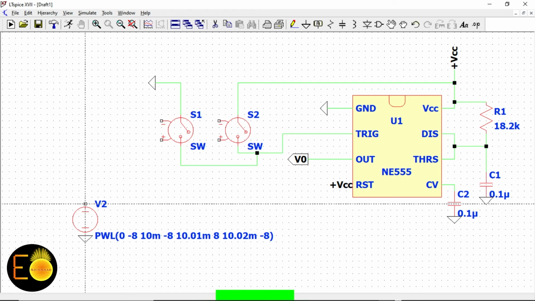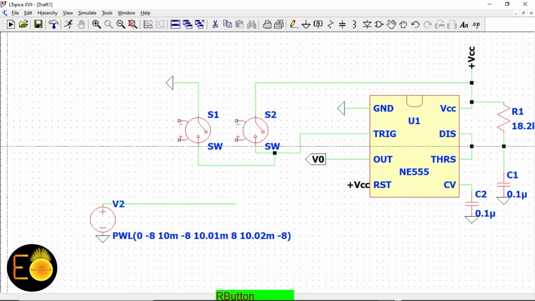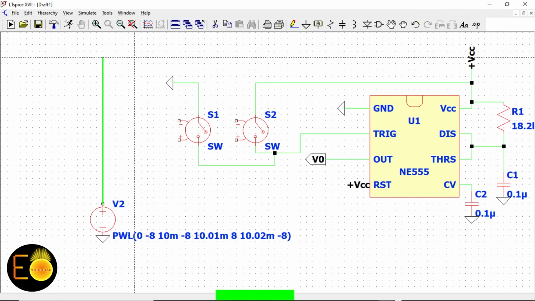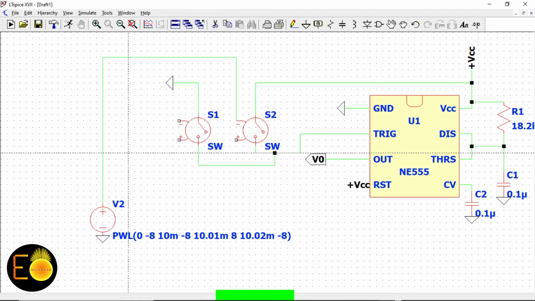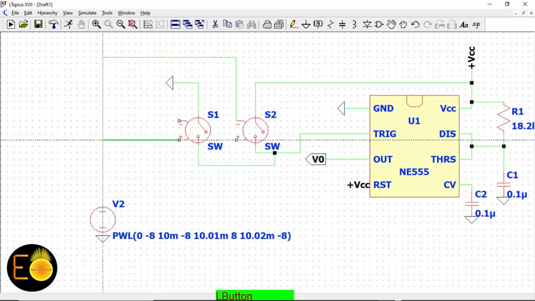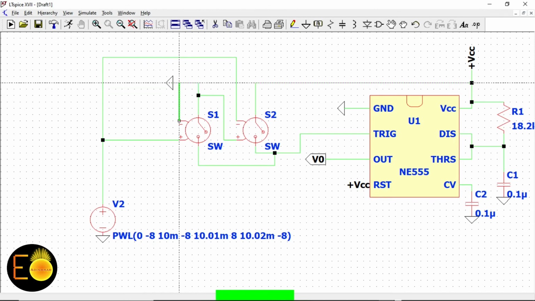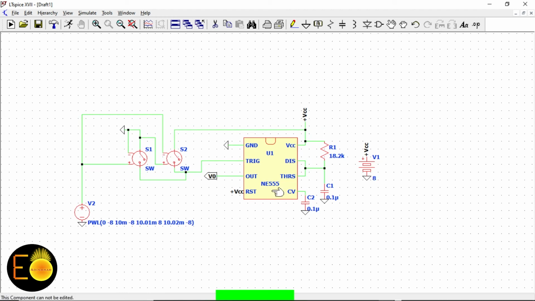So that's why I should connect the positive terminal of this V2 with the negative terminal of this switch, and this positive terminal to the positive terminal of this switch. This positive terminal of this switch must be connected with the ground, whereas this negative terminal will be connected with the ground as well. And now I need to simulate.